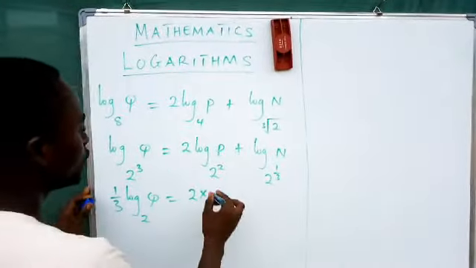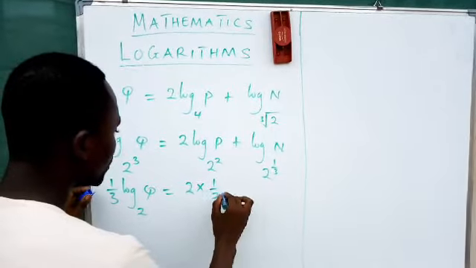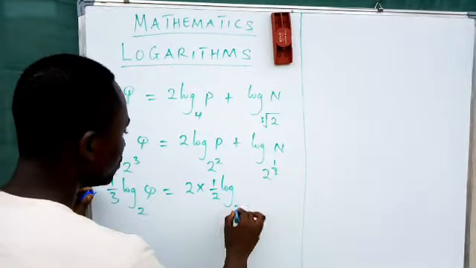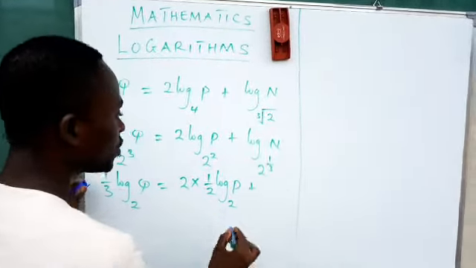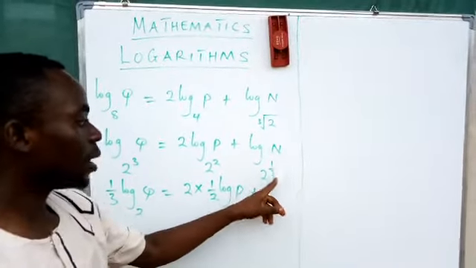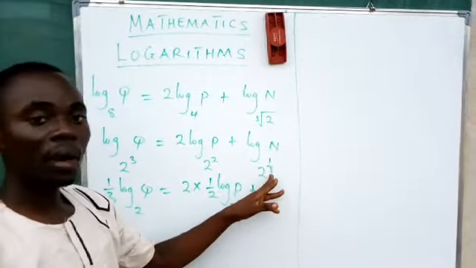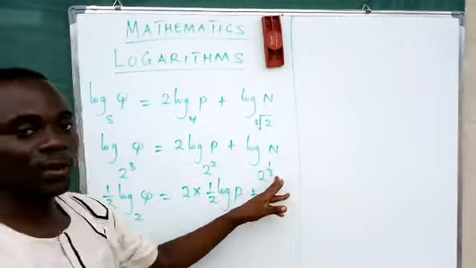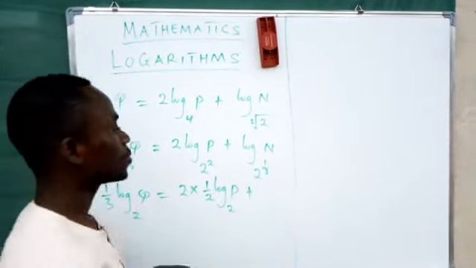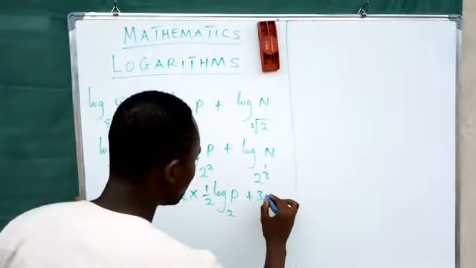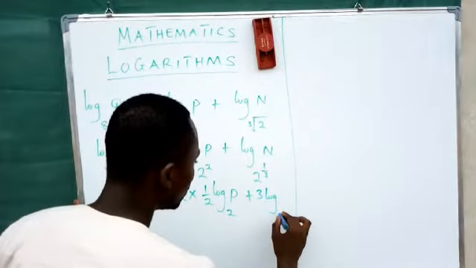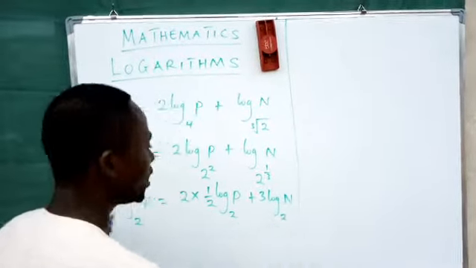So we have 2 into 1 over 2 logarithm to base 2 of p plus, we take the reciprocal of the power 1 over 3, which is the power of the base of the logarithm in the third term. That gives us 3. So 3 is going to multiply the logarithm. So we have 3 logarithm to base 2 of n.